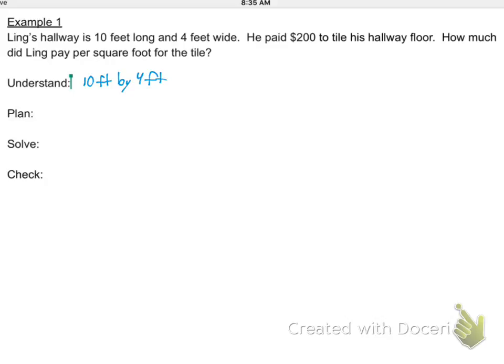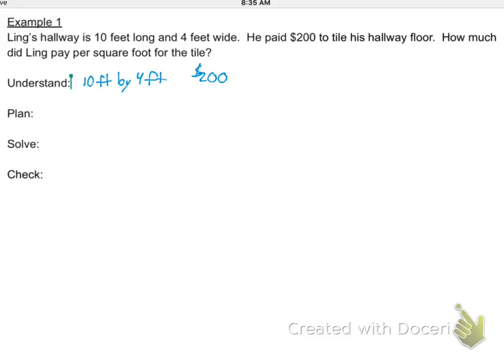We're also given information that the total cost of this whole thing is $200. I'm just listing things, pulling pieces out. That's given. There's one last thing about the understand part. It also says, what is it asking us?